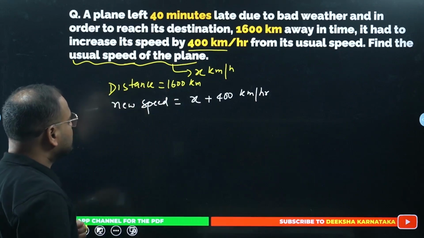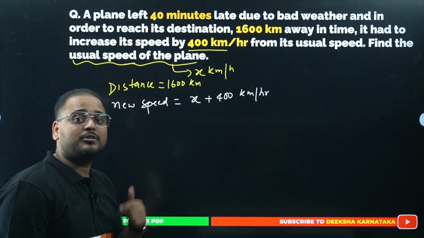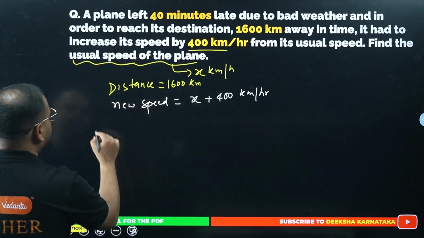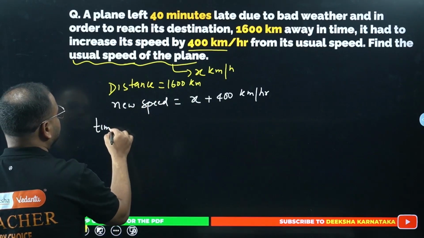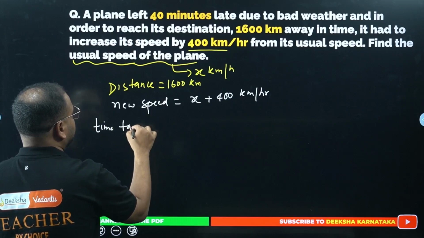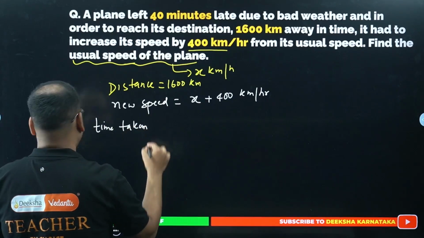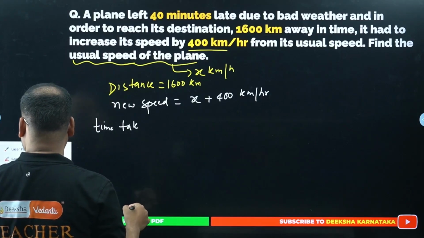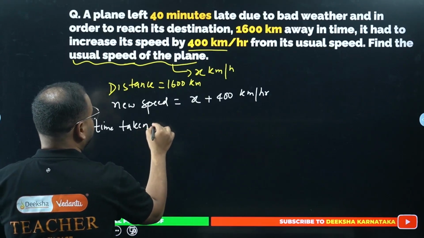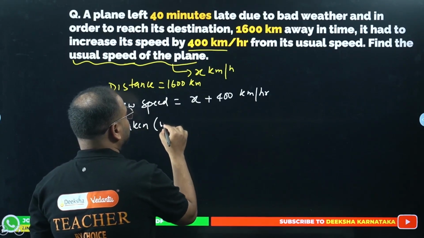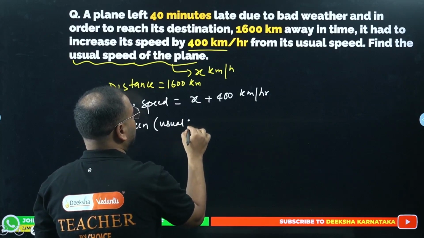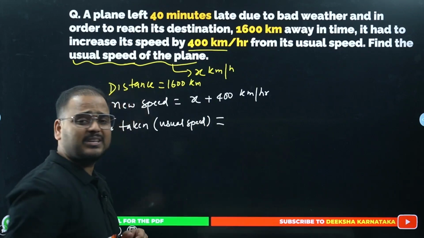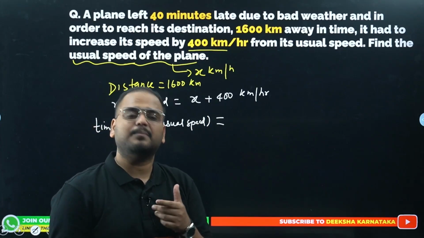So, if you have to find the time taken for the first journey, when the journey was at usual speed, please make the English statement, because I know you can make it.